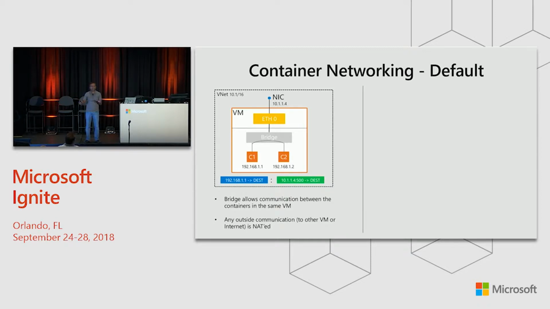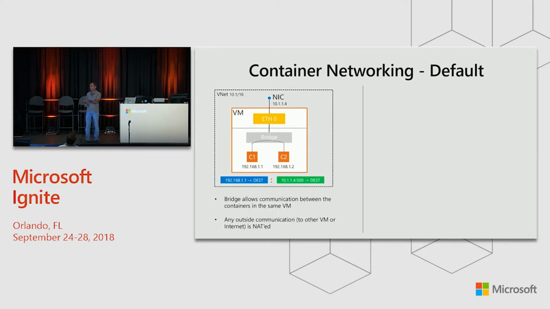They have IP addresses that are unique only within this VM, right? You can use those IPs to talk to one another, but you cannot go outside. If you have to go outside, then you will have to use the VM's IP address, as I'm showing over here, and then look at that port number 500. This is called NAT DNAT technology, where every time you go out, you use a specific port number of the VM to go out.